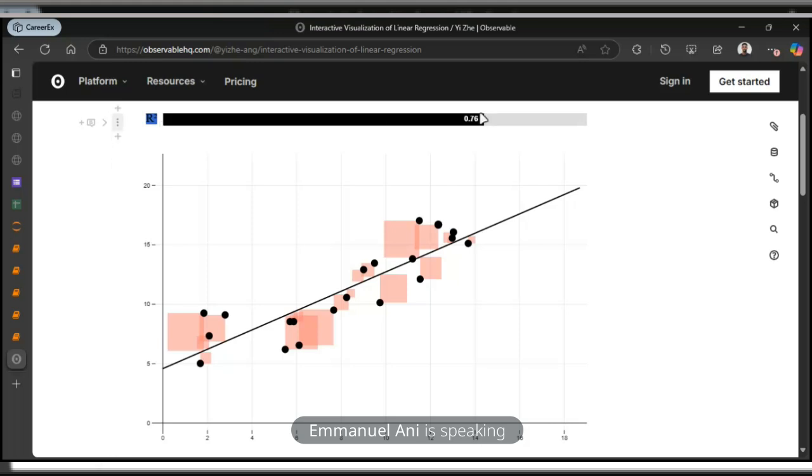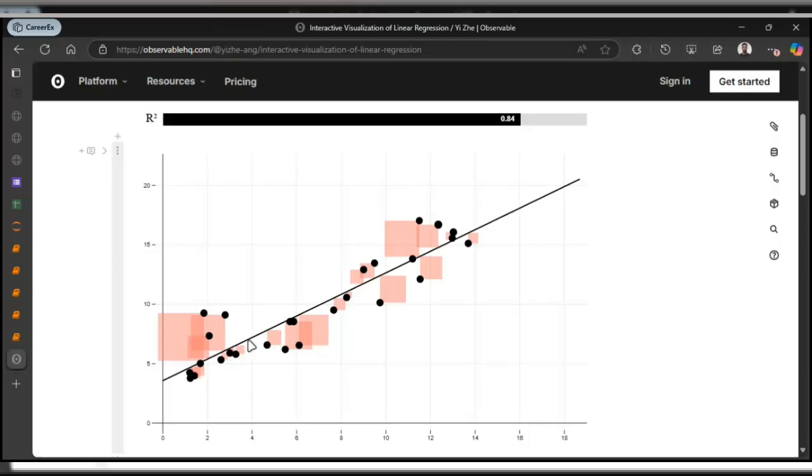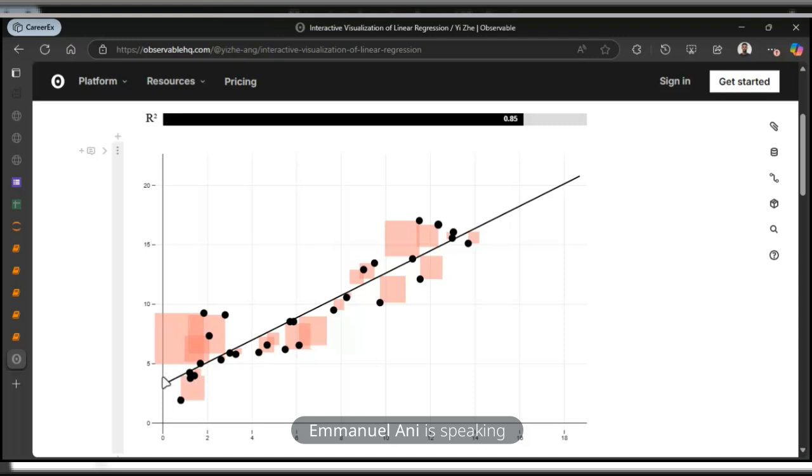So in this case, it is 76, right? But if I bring it down here a little, you can see it's increasing, 79, because the error is being minimized. If I bring it down here, you can see it's getting better as the intercept and the slope are changing.